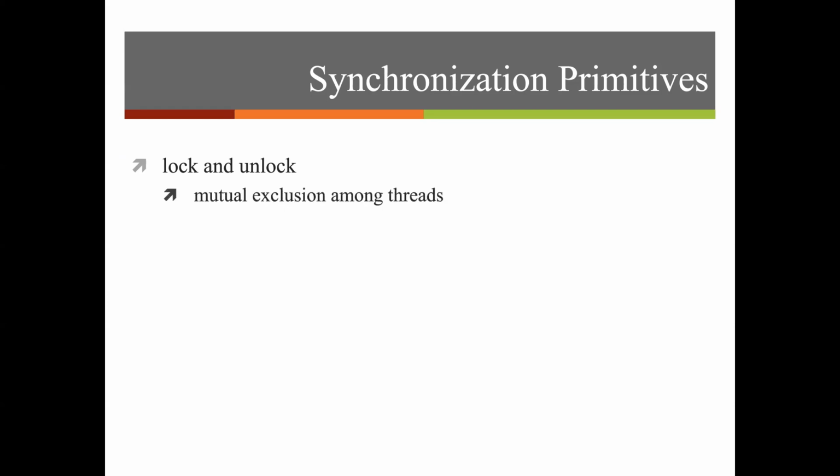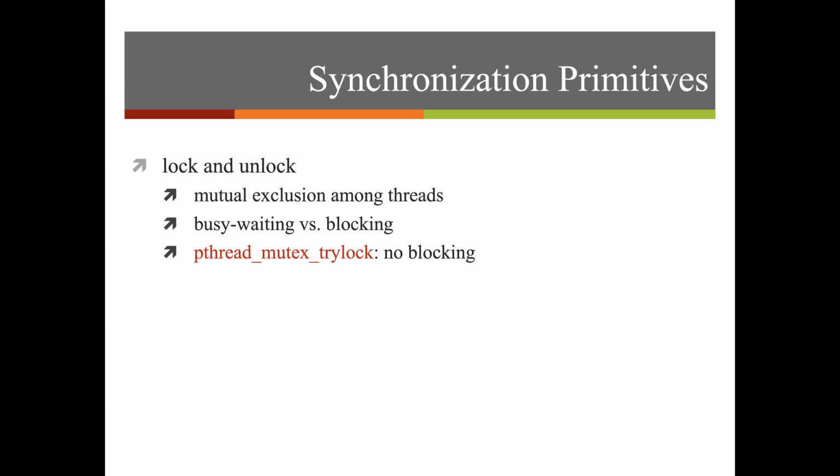So this allows for mutual exclusion among the threads, and busy waiting versus blocking. So we can have pthread_mutex_trylock, which is a non-blocking call. We can have pthread_mutex_lock, which is a blocking call.